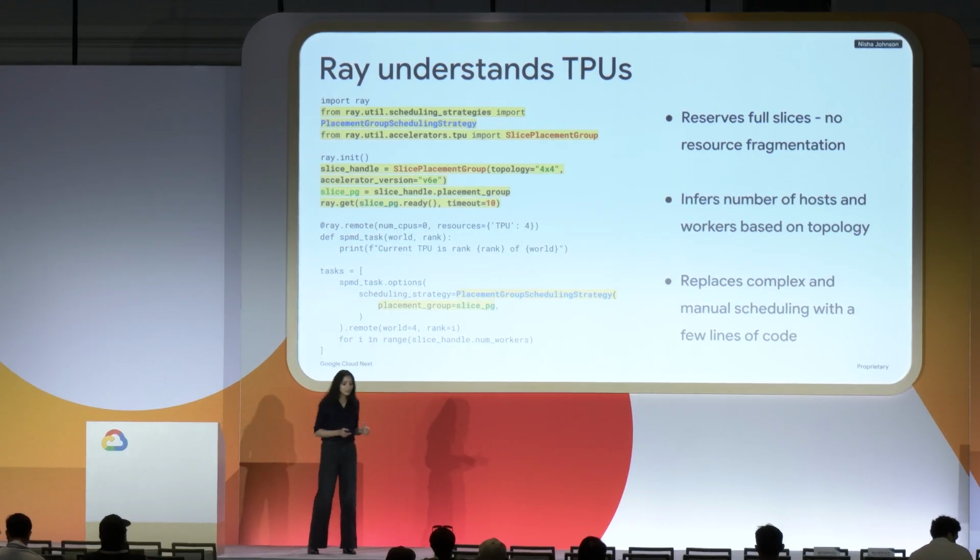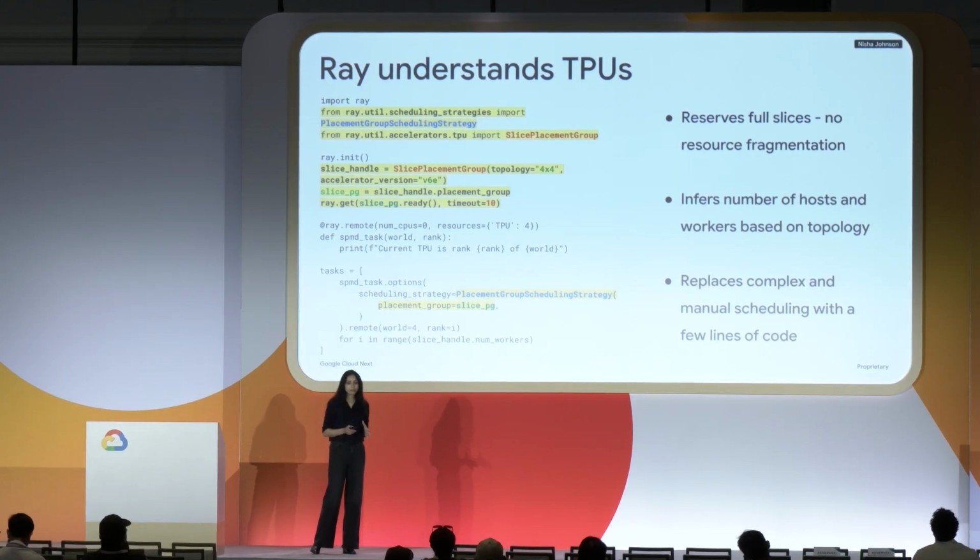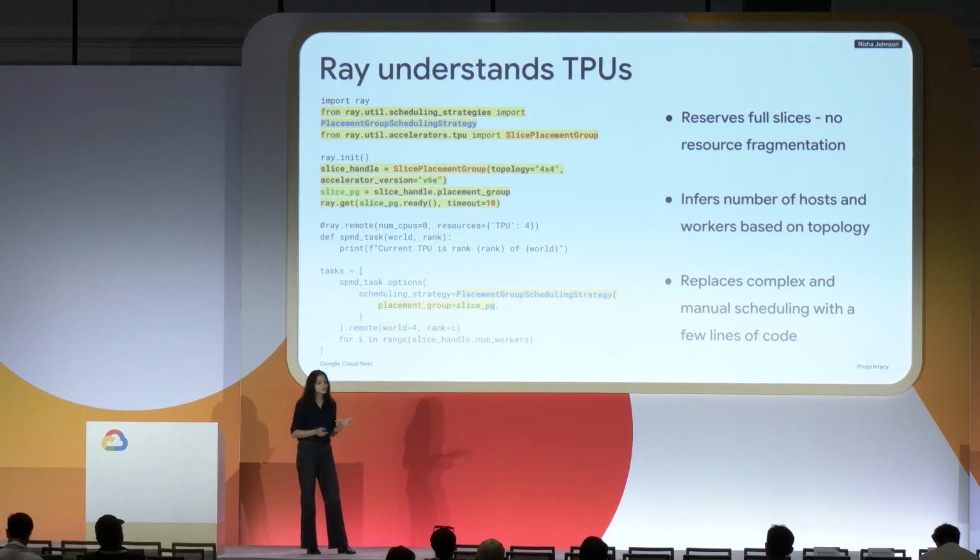So for example, here we're selecting a 4x4 V6E slice. Ray will select the whole 16-chip slice as a whole without fragmentation. And it will also infer the number of hosts and workers based on the topology automatically.